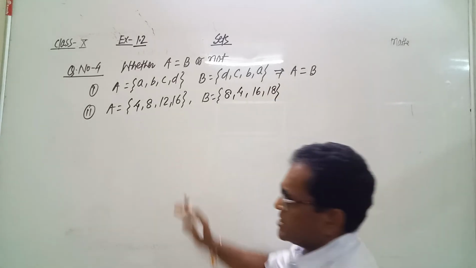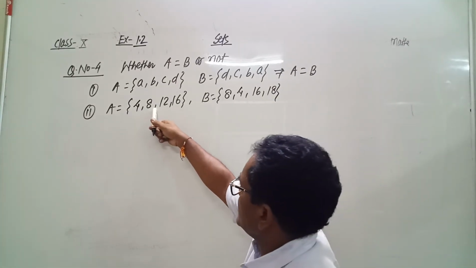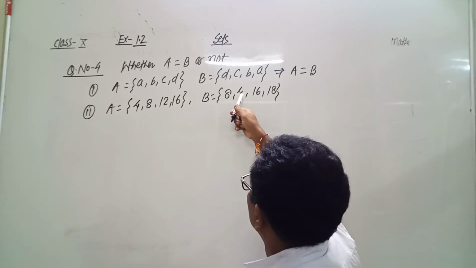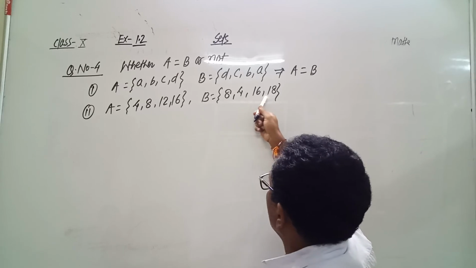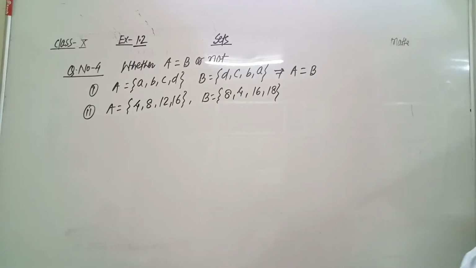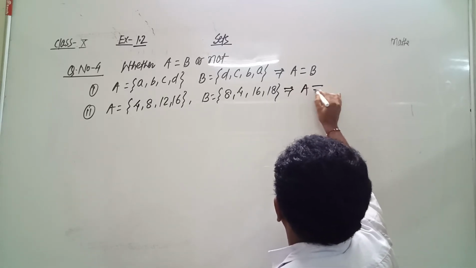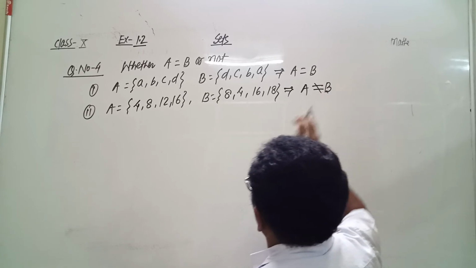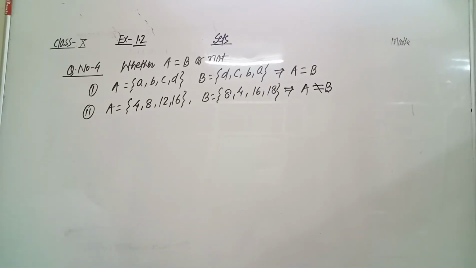So this is not an equal set because in set A there is 4, 8, 12, 16. Here there is 4, 8, 16, but 12 is not available, and 18 is extra, which is not in set A. So we can say that they are not equal sets, meaning A is not equal to B. Both do not have the same elements.